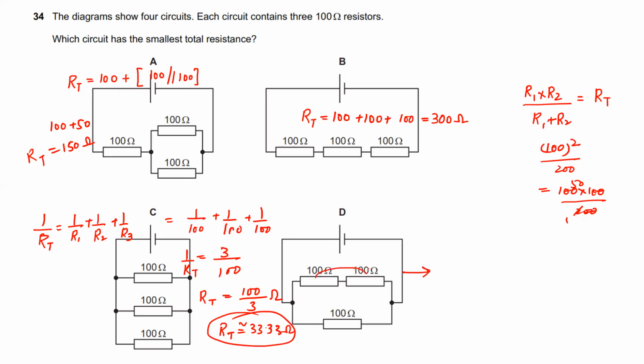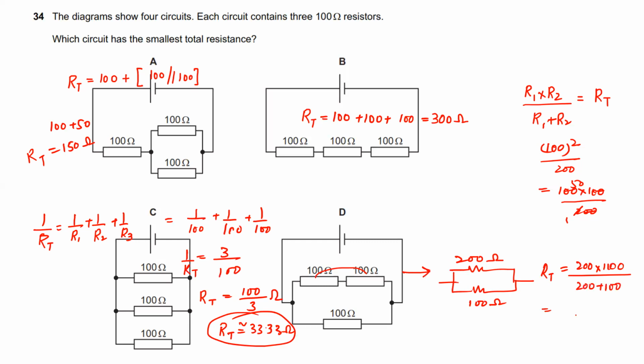Okay. So now in this part D, what happens? So we have these two in series, so 200 ohms. And this 200 ohms becomes in parallel with a 100 ohm resistance. So the value of R total becomes 200 multiplied by 100 divided by 200 plus 100.